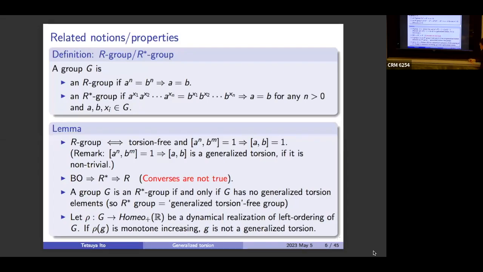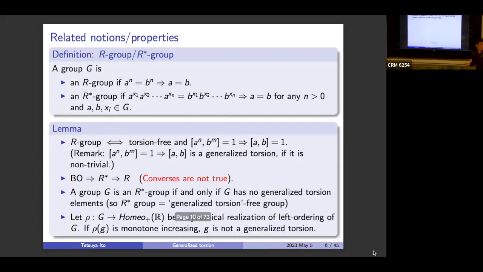This is just a comment, but in relation to the dynamical realization, if G is left orderable and we take a dynamical realization of the left ordering, and assume that rho Z is monotone increasing, then G is not a generalized torsion. So this indicates some relation between left orderability or dynamics and generalized torsion elements.